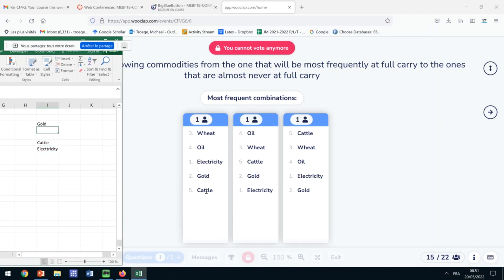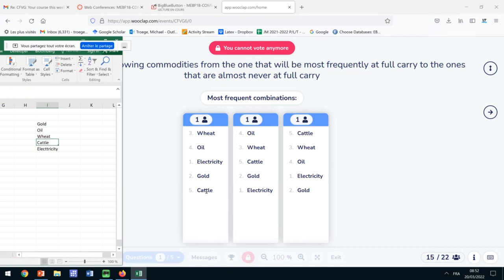And then we have wheat and oil. I was not quite sure about which one is more frequently at full carry, but at the moment both are not at full carry. At the moment, both are in backwardation, and full carry implies a contango, remember, because you have the financing costs and the storage costs.